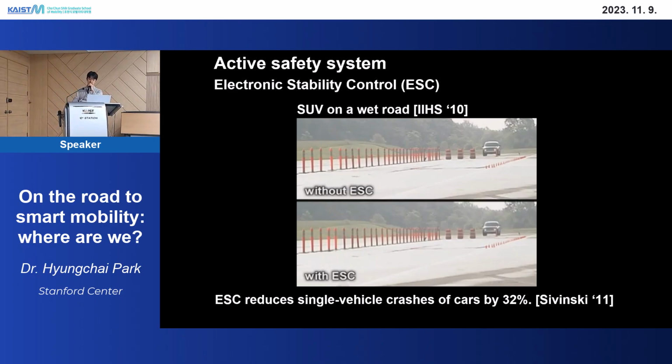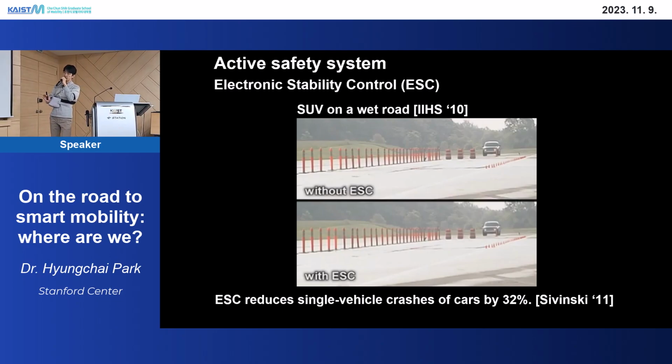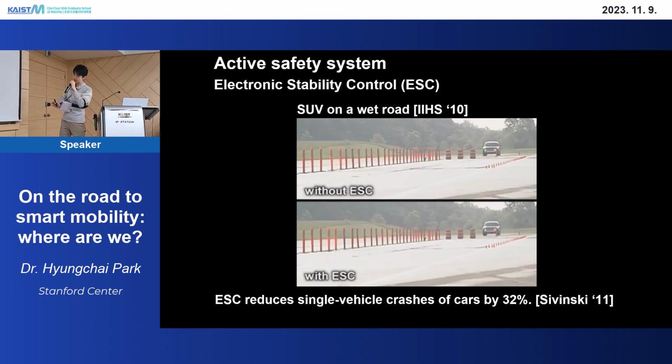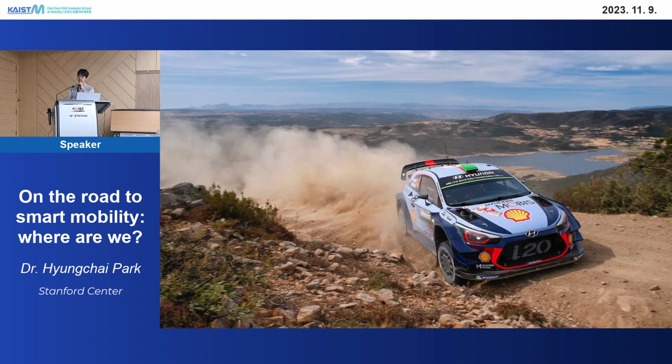The effectiveness of ESC can be well shown in this video. In this video, an SUV is trying to make a lane change on a wet road. At the top is without ESC and at the bottom is with ESC.